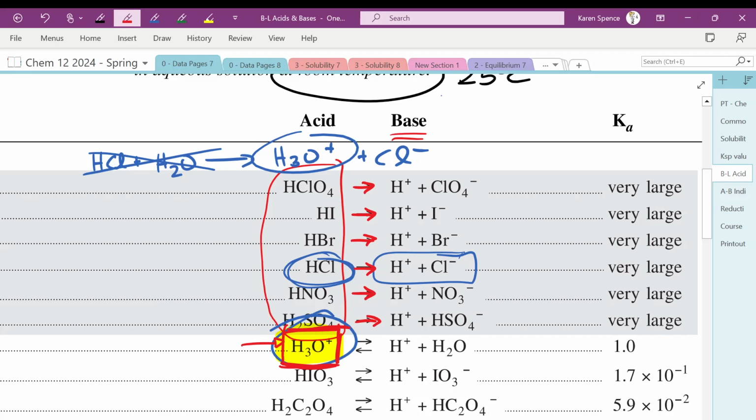If you have a different solvent, you might be able to distinguish between them, but in water, if you're stronger than H3O plus, you're just strong, and there's no difference in strength. Okay, HClO4 is the same strength as HNO3, as H2SO4. They're all the same strength. They're all strong. You cannot dissociate more than 100%, and they all dissociate 100%. Is that good? Cool. All right.